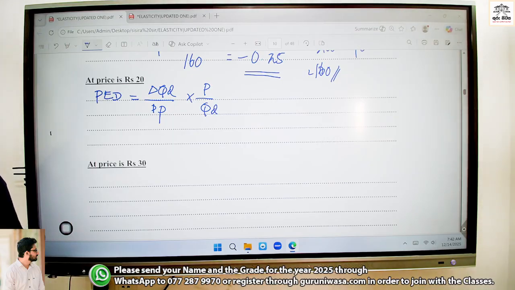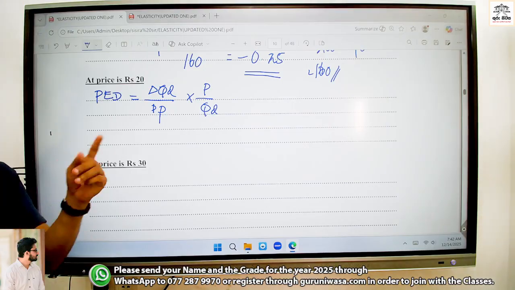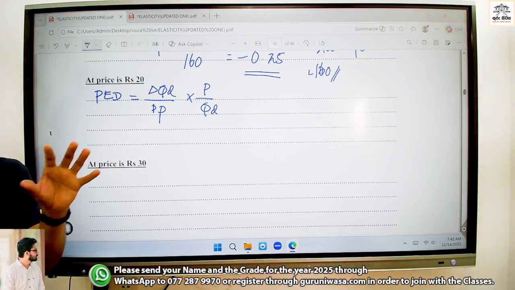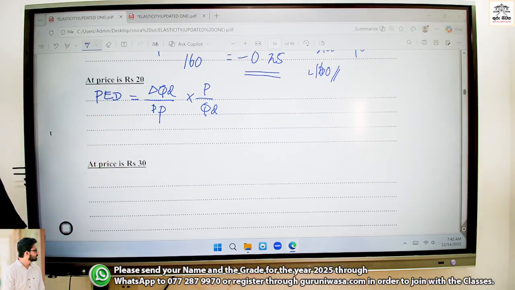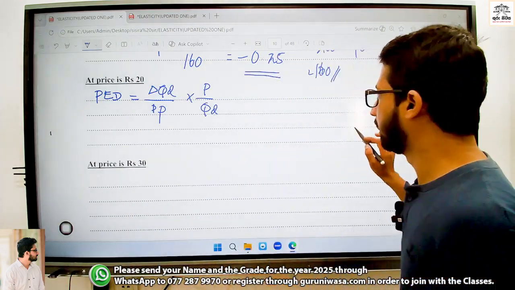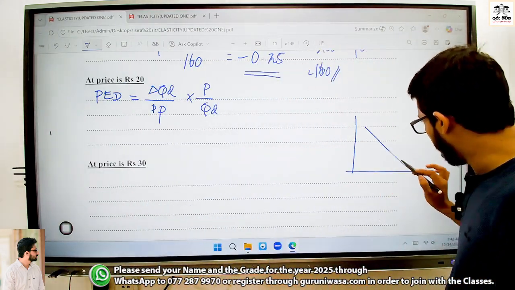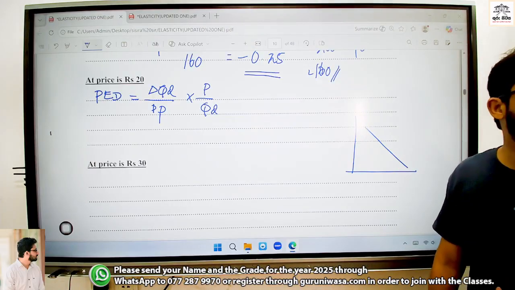You know the slope of the demand curve. The slope of the demand curve does not change point to point, because for a straight line demand curve, at every point the slope is equal.